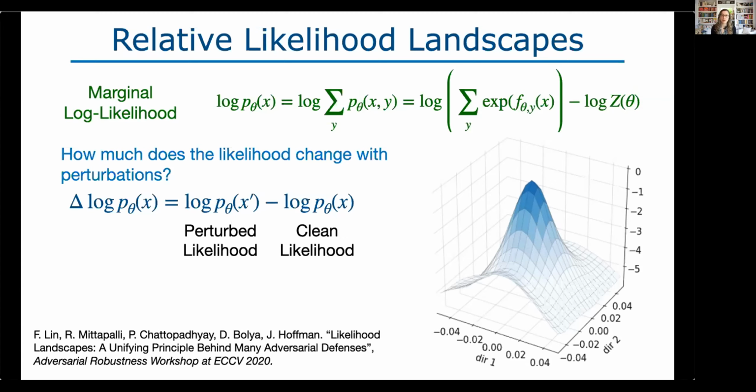Here, it's just written as direction 1 and direction 2. These could be random projections, or they could be adversarially learned projections. But in any case, what you're doing is, again, you're making perturbations in a 2D space, and then you're visualizing how the likelihood changes in response to those perturbations.